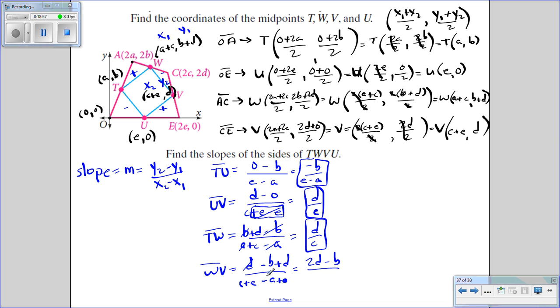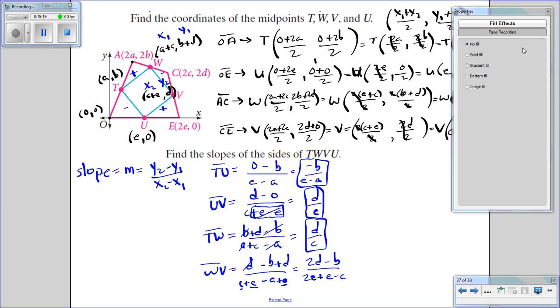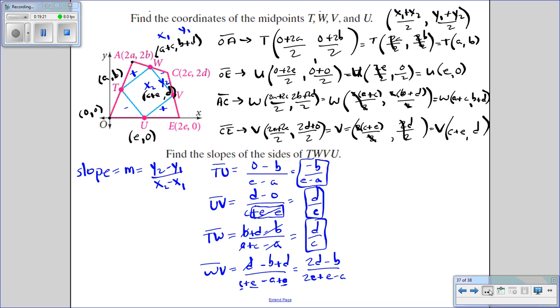All right, let's see if we can combine anything. I have a C and a C. That's 2C. 2C. And then we have E minus A. So plus E minus A. I don't know what happened there. My apologies.